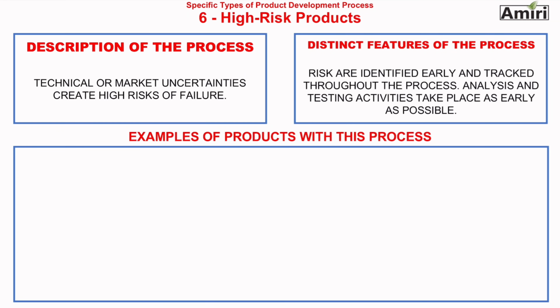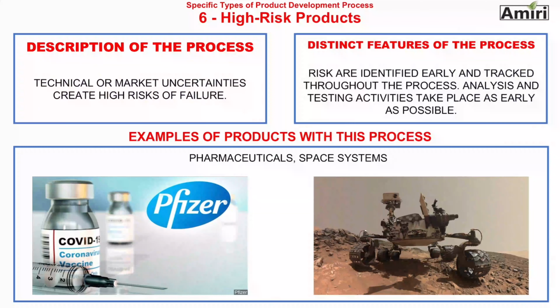To manage this, risks are identified early on, and rigorous testing happens throughout the process to make sure everything is on track. Good examples of this are pharmaceutical medications, drugs. A good, recent example is a COVID vaccine.